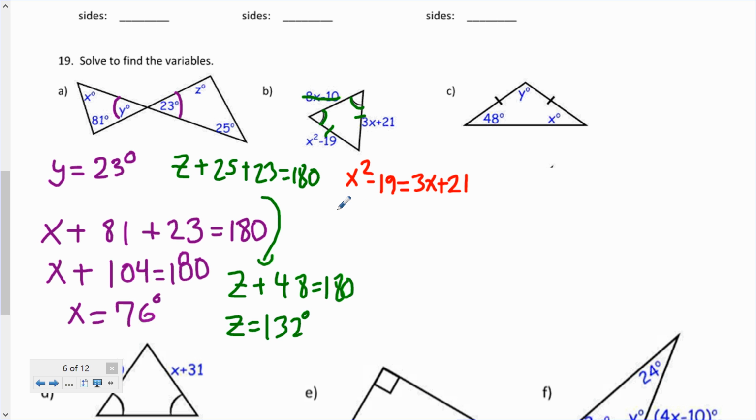So you want to move all the terms to one side. So subtract the 21 and subtract the 3x, and you get x squared minus 3x minus 40 equals 0.